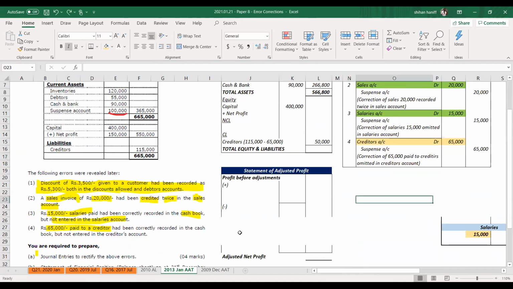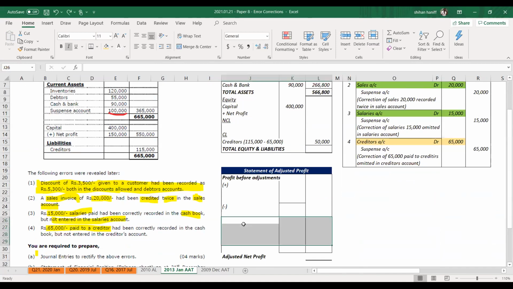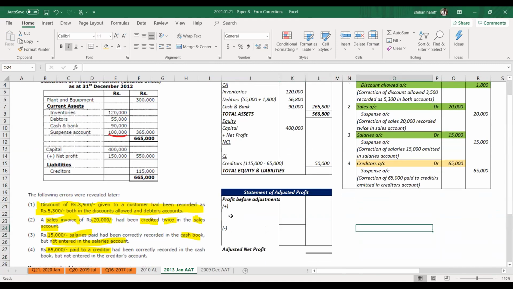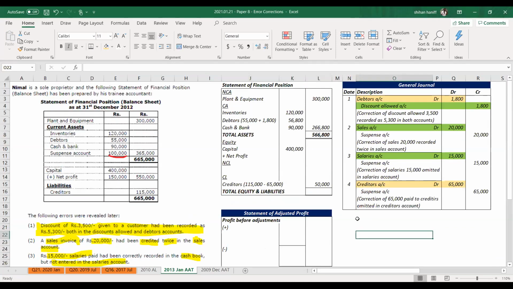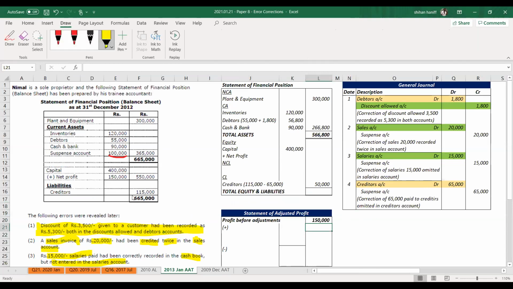Statement of adjusted net profit. So profit before the adjustment is 150,000. It's given in the question. Now, due to the corrections, this will change. So how do you adjust it?